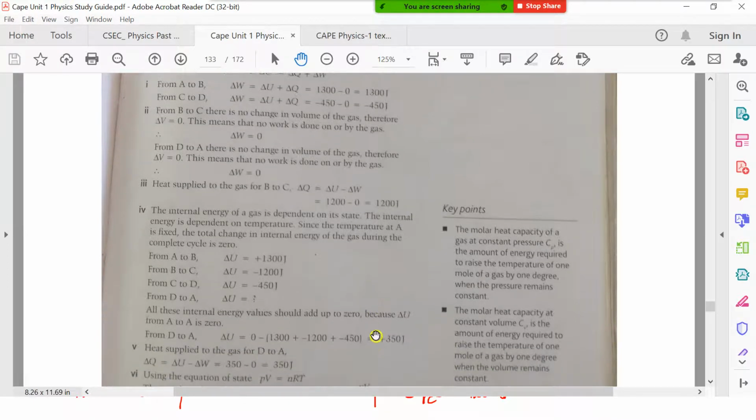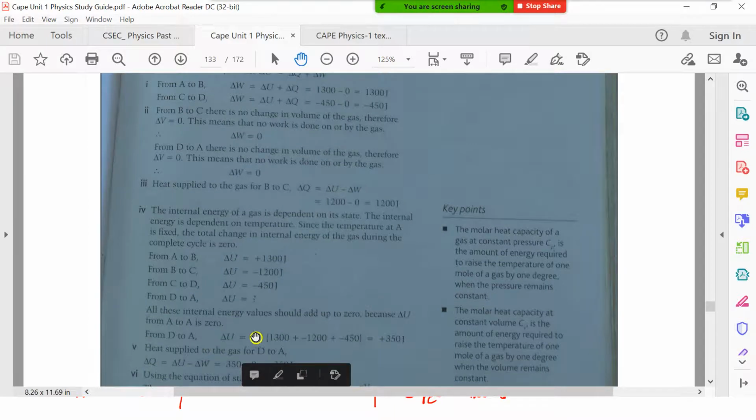So it says that all these internal energy values should add up to 0, because the change in internal energy from A to A is 0. All right, cool.